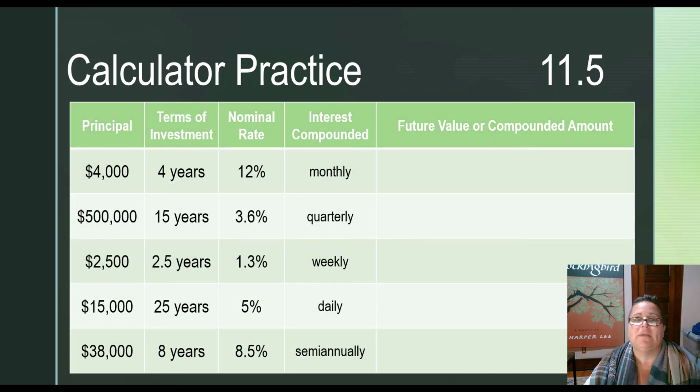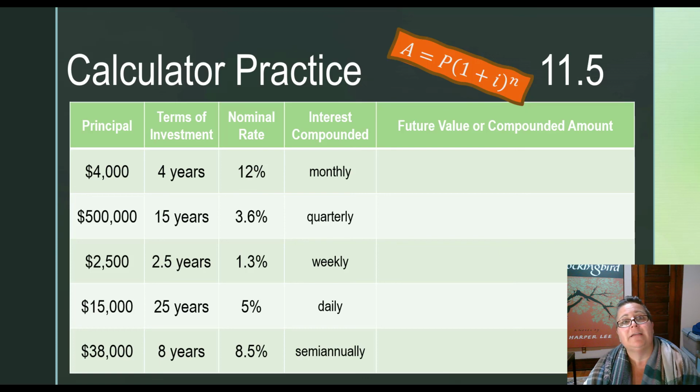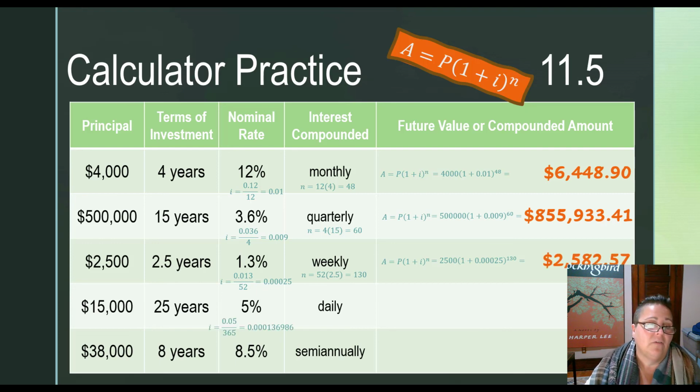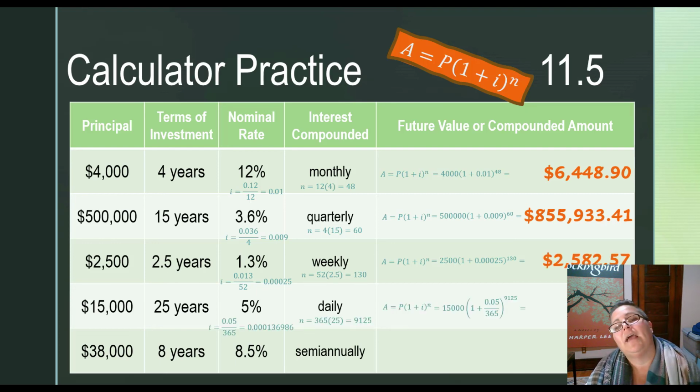Okay. Last slide here with practice on it. If you want to, you can skip over this part. I'm just going to click through. These all use the formula A is equal to P times 1 plus i to the nth power. And I've gone ahead and worked through this. You can check your understanding by doing these problems yourself and then pausing and clicking through this with me.